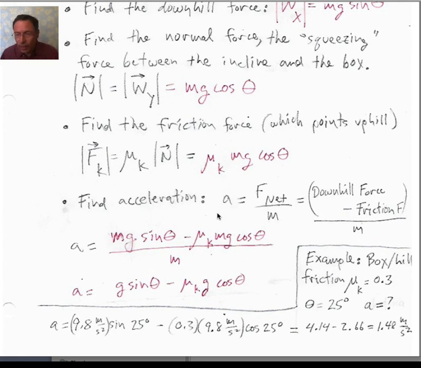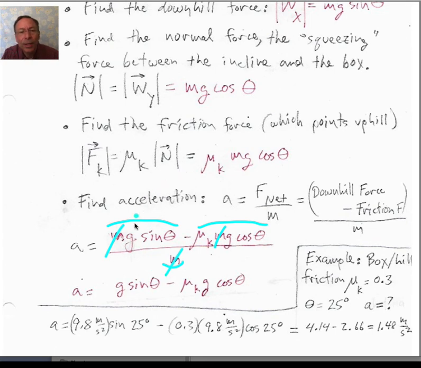So, okay, the acceleration is the net force over the mass. The net force is the downhill force minus the friction force. And we're going to be dividing by the mass. So here is the downhill force. Here is the friction force. And then here's the mass. Notice that the masses cancel out.